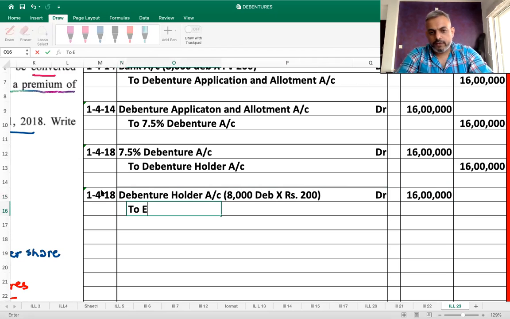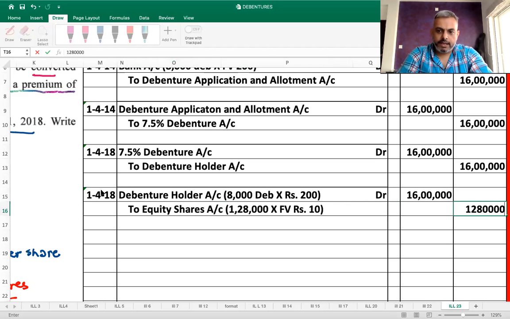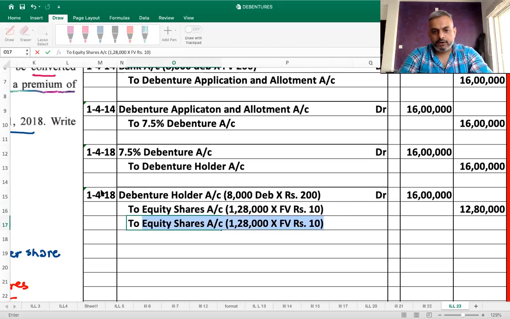Now two, instead of money, we are giving them equity shares. So equity shares, what you are giving them, we have to write in bracket 1,28,000 into, always with the face value rupees 10. So 12 lakh 80,000, and to securities premium reserve account.